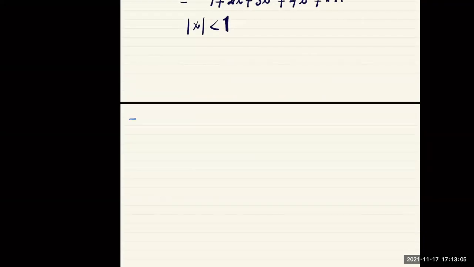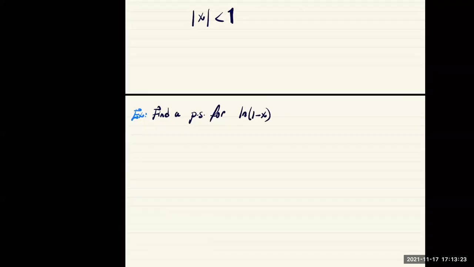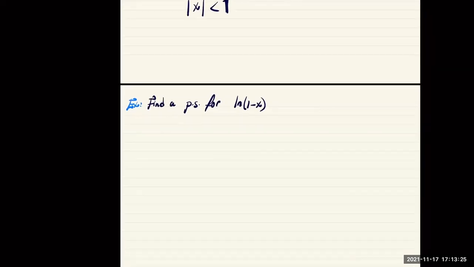Okay, so here's the next example. Let's say we want to find a power series for ln of 1 minus x. All right. So again, I want to know ln of 1 minus x.